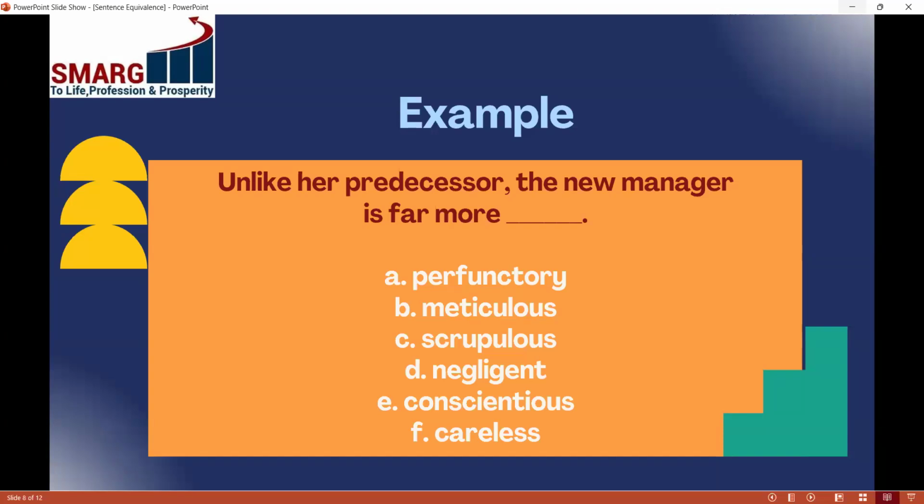something which is improving. It's an improvement. Now, somebody chose perfunctory. Why? Ma'am, that's me. For me, I thought it's somebody in comparison or opposite to someone who's careless.